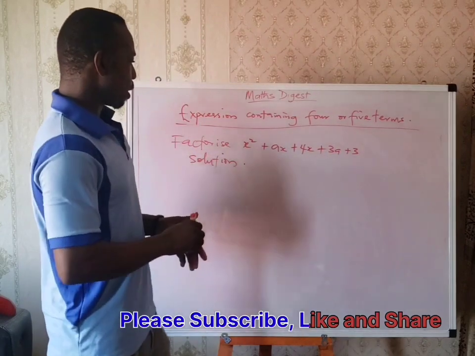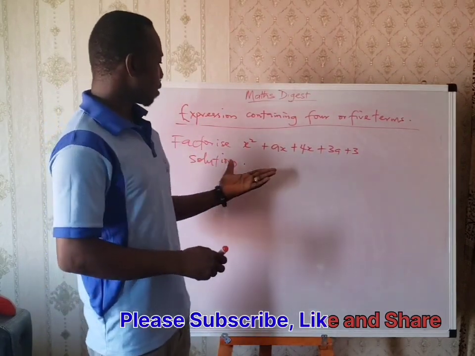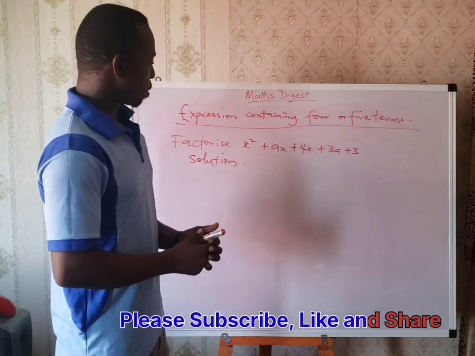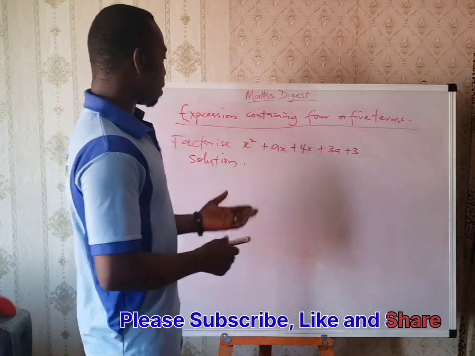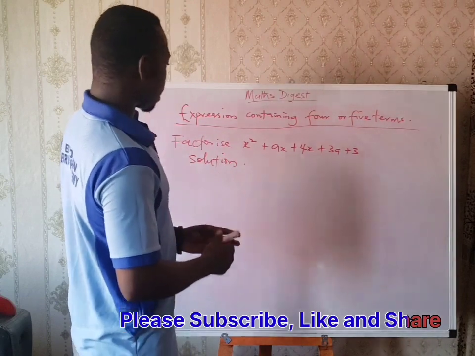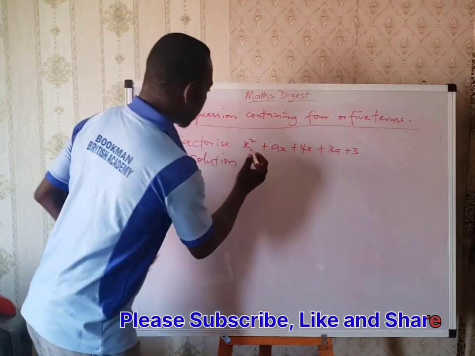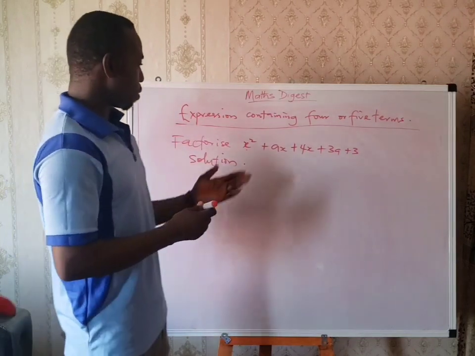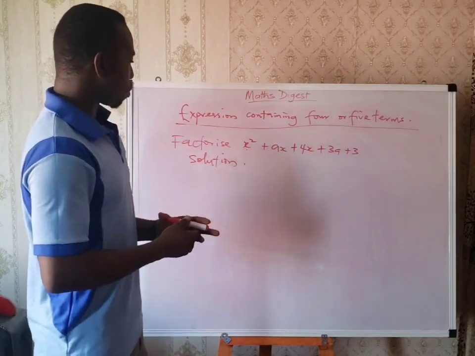First of all, like I said, we find the trinomial factors here and deal with it first. Okay. Now, looking at this, remember this is the one that has x raised to power 2. So you find those ones that are common to it.